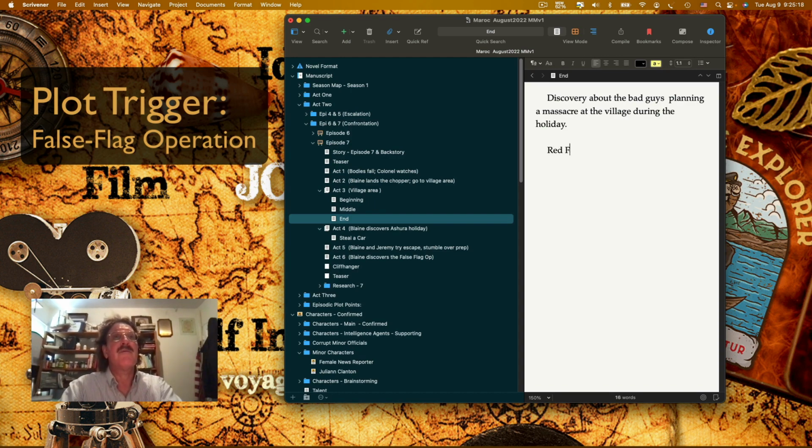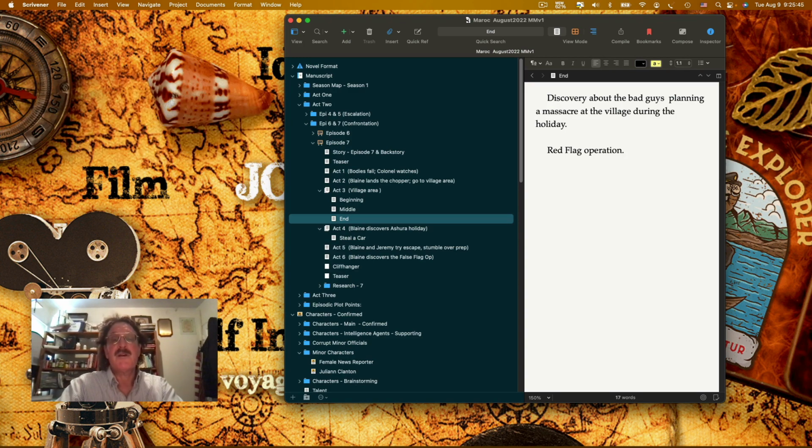That means one country or person does something and blames another to start a bigger event. One example might be the start of World War II, where Nazi Germany pretended to raid a Polish radio station to trigger their invasion of Poland. So it's a provocation that one country starts against another. So I have the red flag operation.